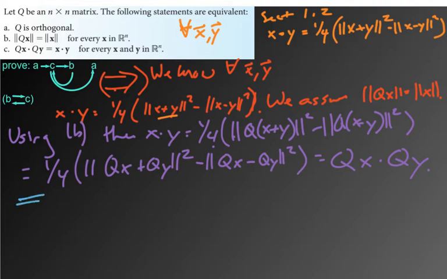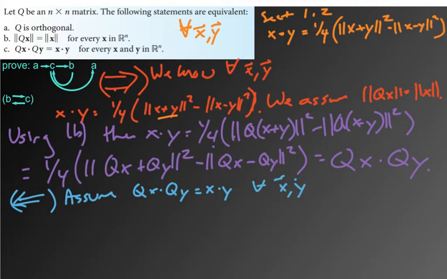And then for the reverse direction, we're just going to assume that Qx dotted with Qy equals x dot y for all x and y, basically in R^n, right? And then it's true for all, right?